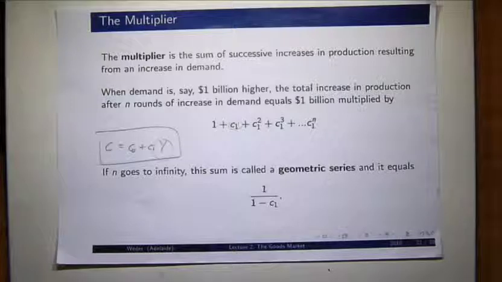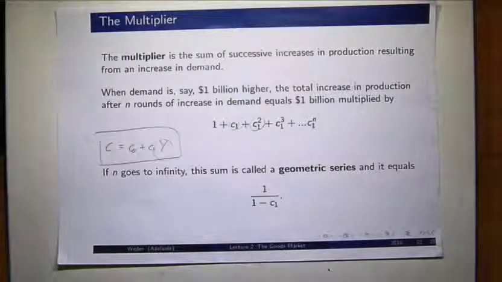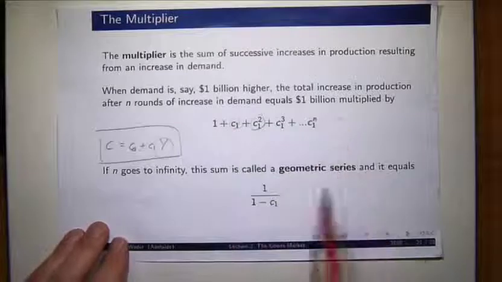And then again, this additional income will create even more consumption. So we have the next round, and that would be simply C1 times C1, because the increase is C1 times $1 billion of income, and the fraction C1 of this is consumed additionally. So this process goes on forever.